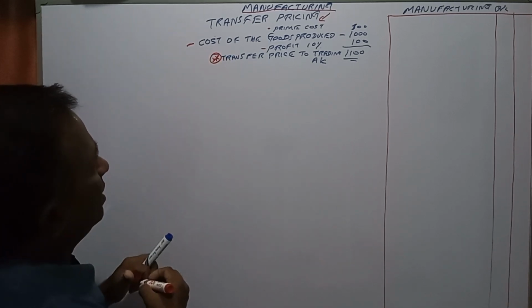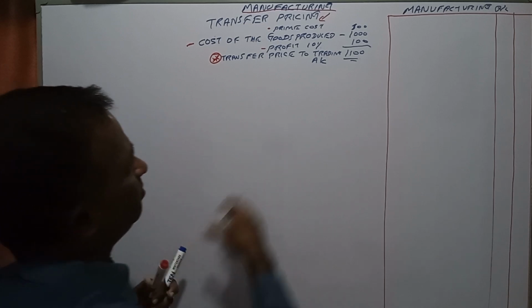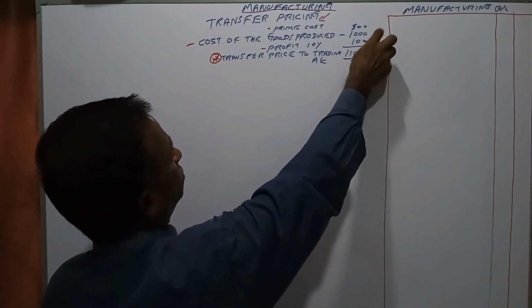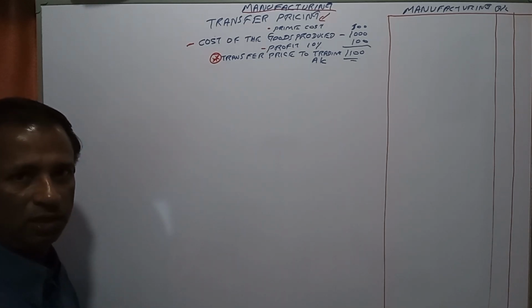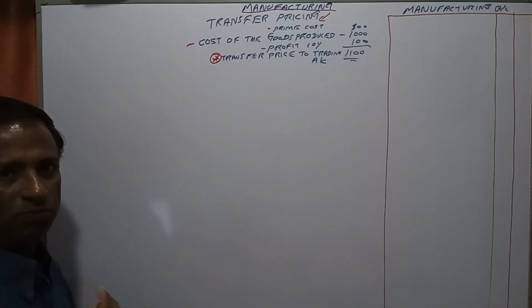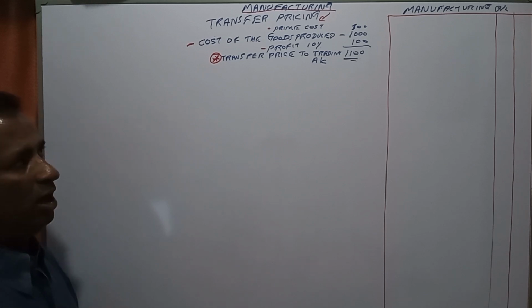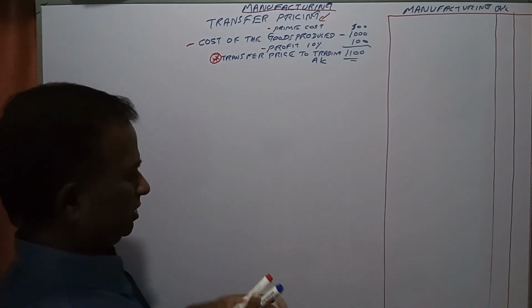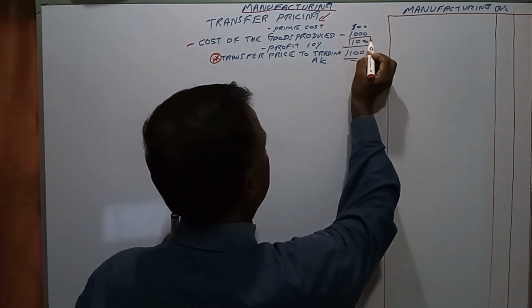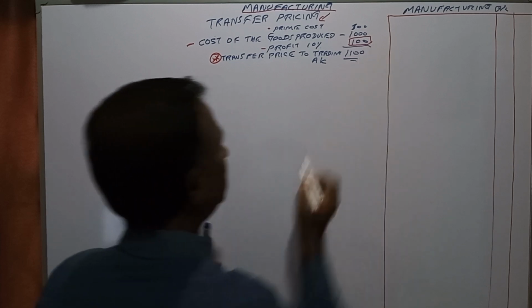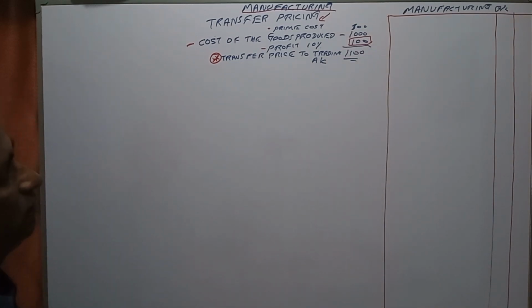Earlier our transfer price was the cost of the goods produced. Now the transfer price to the trading account is 1100. This is the profit element of the manufacturing section.